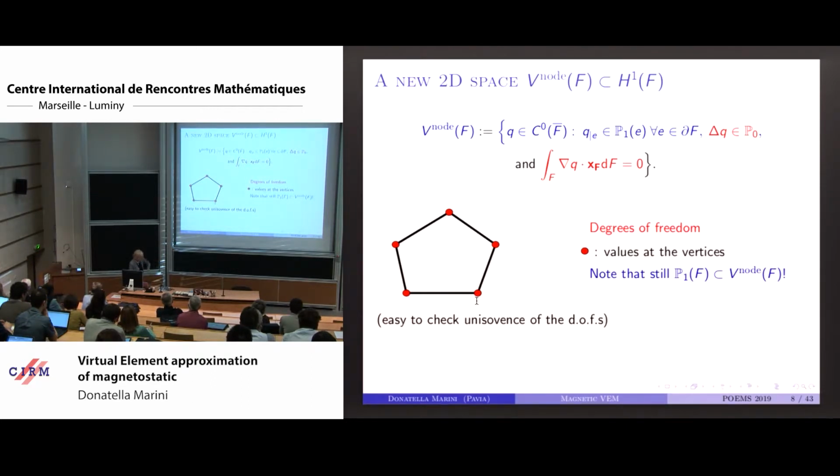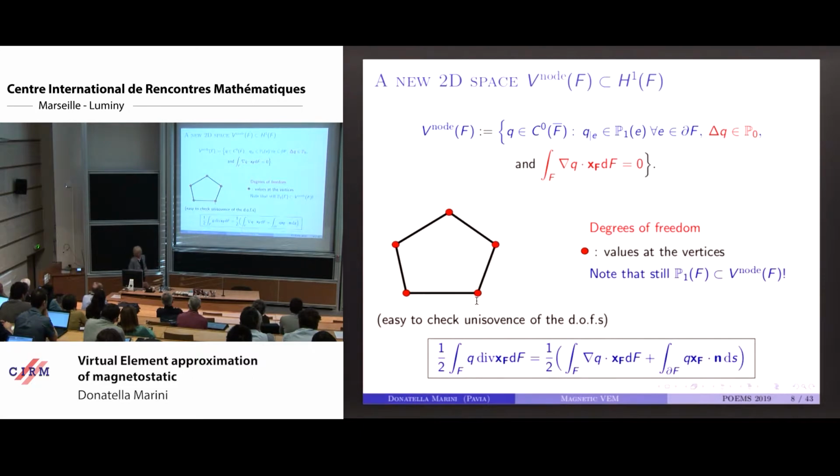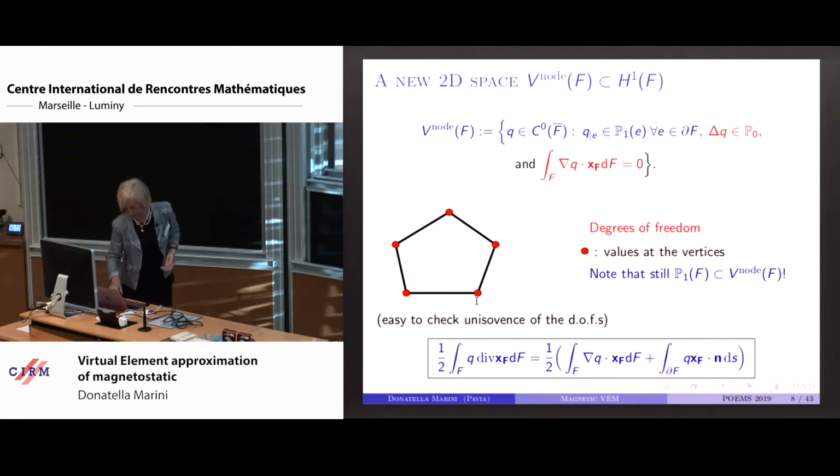So this is for the nodal space. And to conclude, now we can compute the average of all the functions inside there. And this will be useful, for instance, if we need to compute projection onto constant.